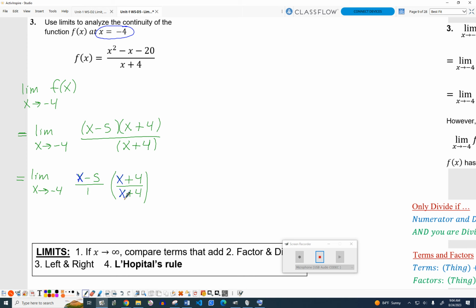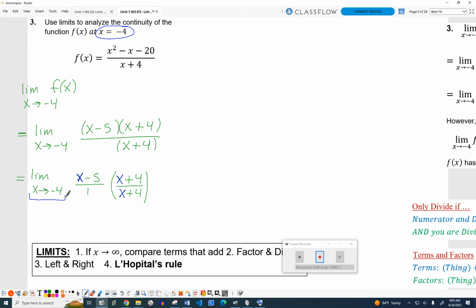But that's only when you plug in exactly -4. If you plug in exactly -4, we don't know what we get. But we're not plugging in exactly -4. We're plugging in close to -4. So watch this. If you plug in close to -4 plus 4, you're going to get a number. It'll be really small, but it's a number.